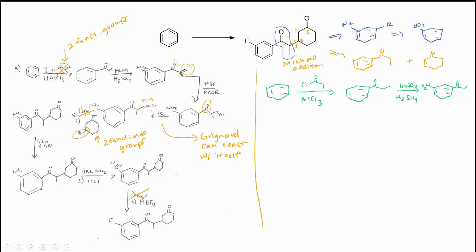And then with the nitro group there, I don't want to reduce my carbonyl because I need that as a carbonyl, but I can reduce the amine or the nitro group without having any other effects there. And so I'm going to use iron and HCl in order to reduce that.